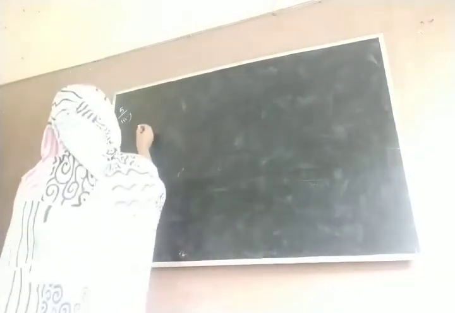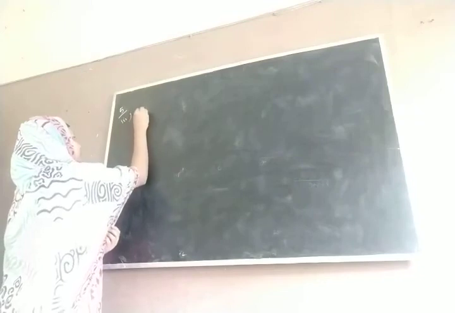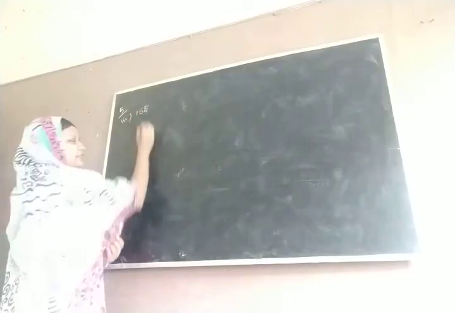Find the number of sides. You will use the formula of each interior angle. You will write here the each interior angle value and n will be the same, and then it will form an equation. Then you have to find the value of n. This 165 is each interior angle.